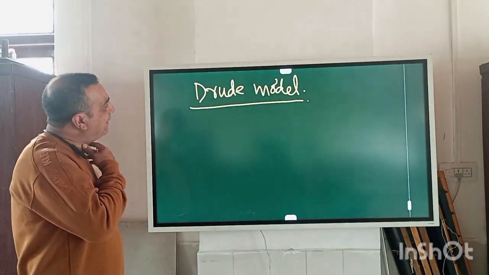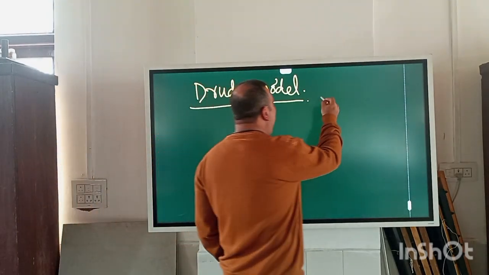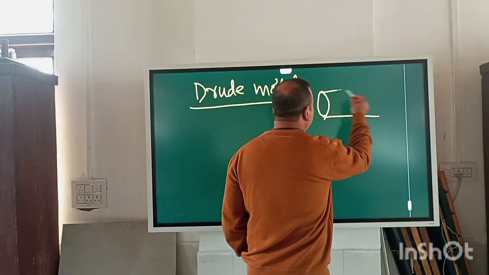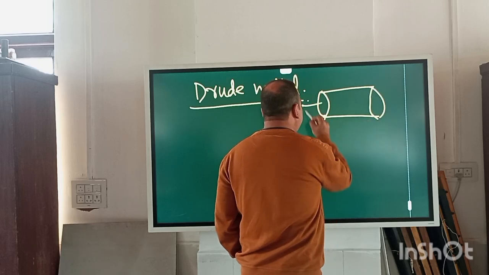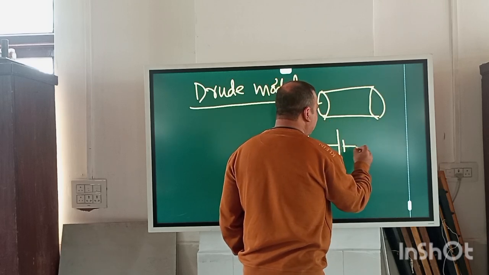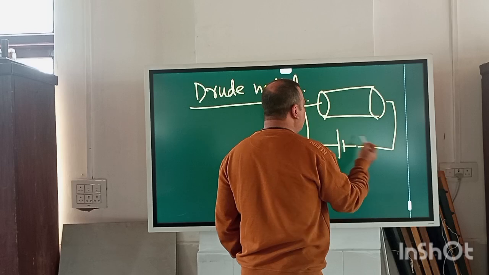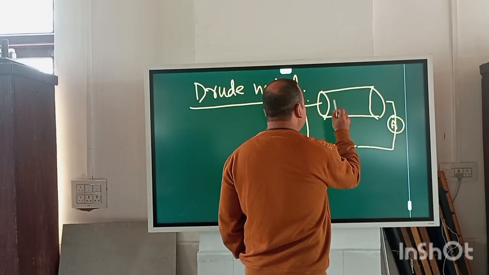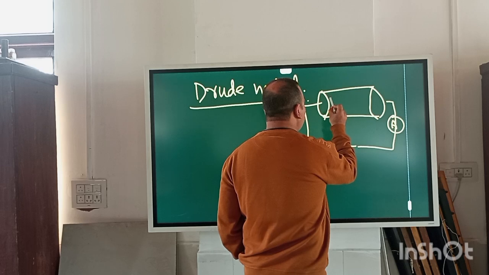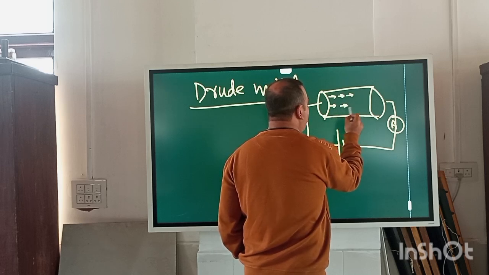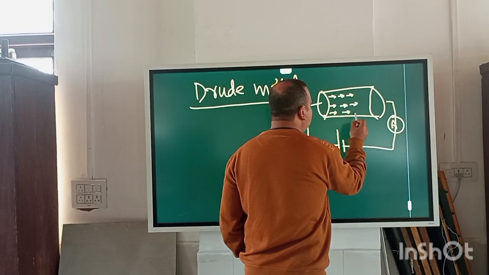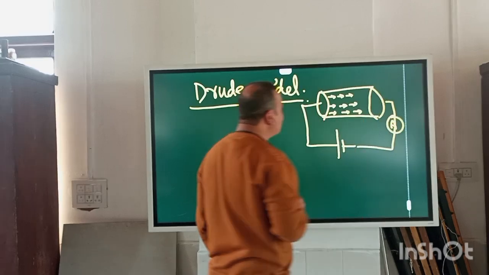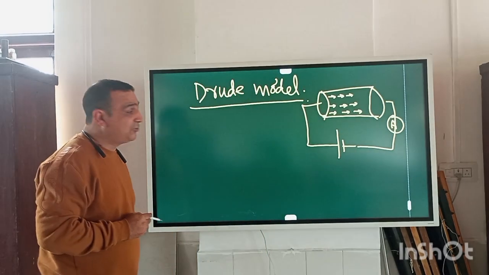So we have a conductor, and we apply a potential difference to this conductor, and when we do that, we have a current, and that current is because of the motion of the electrons, and the direction of current is always opposite to the motion of the electrons.